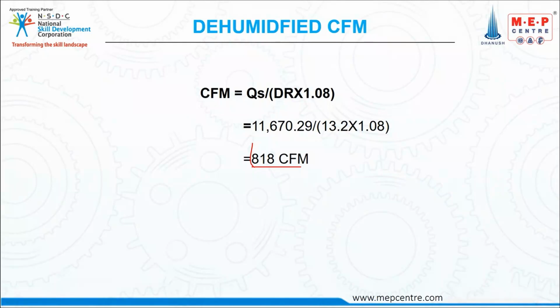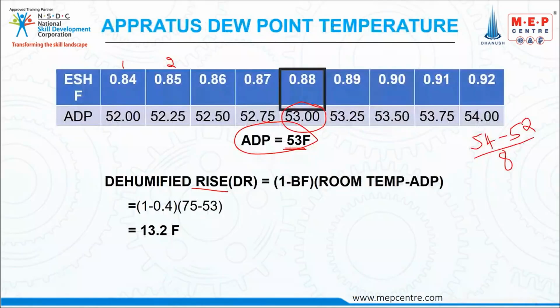Can you go to the previous slide? Here we are taking the room temperature as 75. But if the people in the room decide to lower it to 70 or 65, then? That is the major point here. We always design at 75 only. In commercial sectors, it is not based on individual people, there is no individual priority.